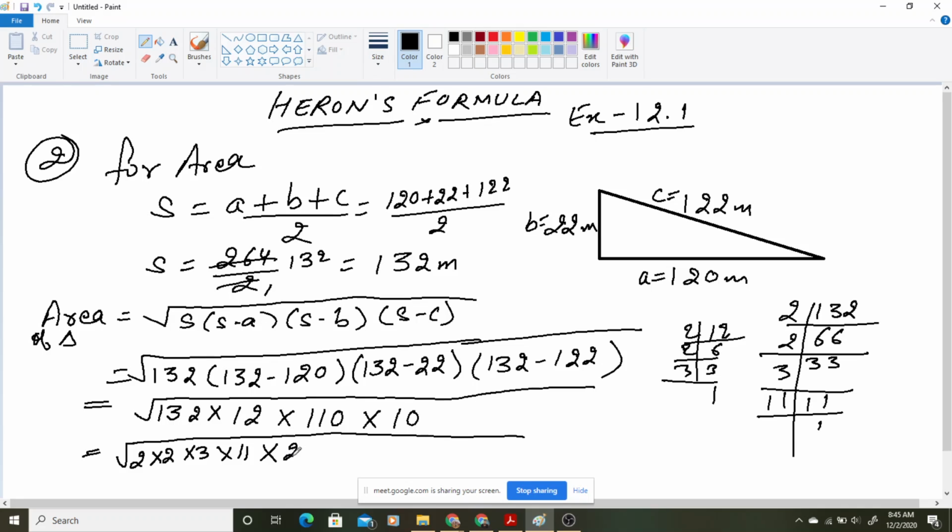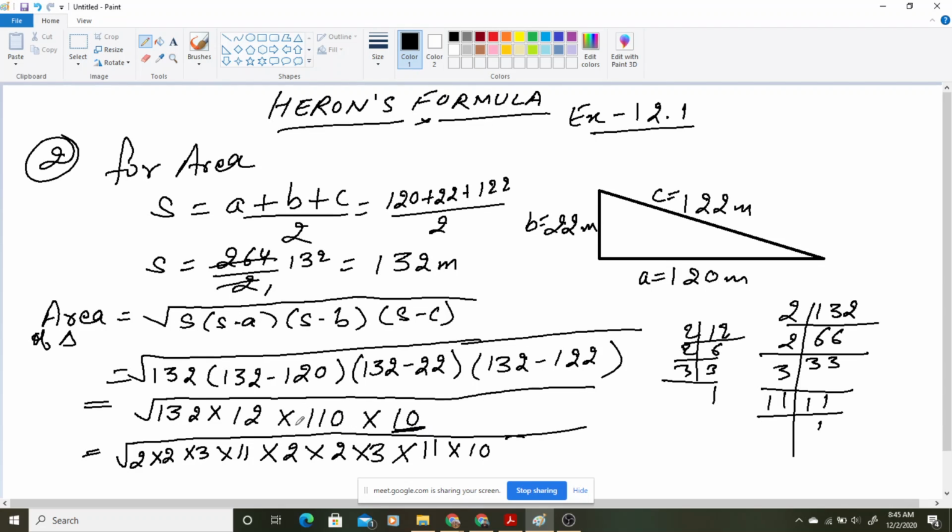It will be 2 multiplied by 2 multiplied by 3 multiplied by 11. Then in place of 12, the prime factors are 2 into 2 into 3. Then 110 you can write like 11 into 10 also. Why am I writing this? Because I have one more 10 here, so I can pair that 10 with this 10.